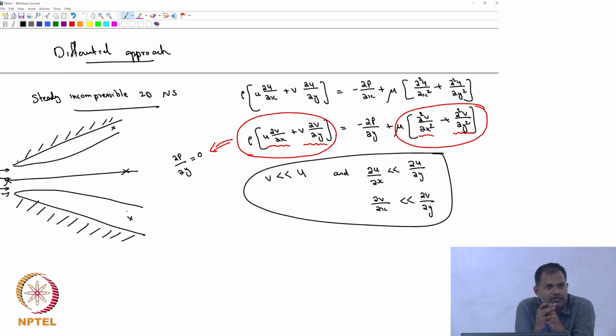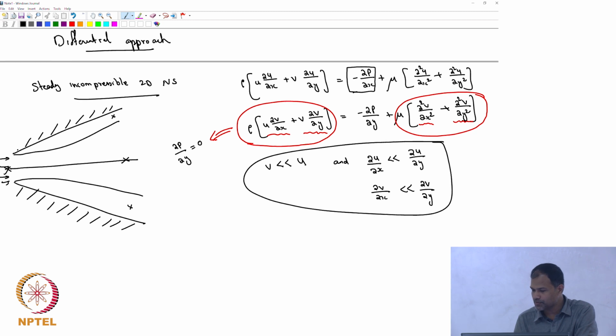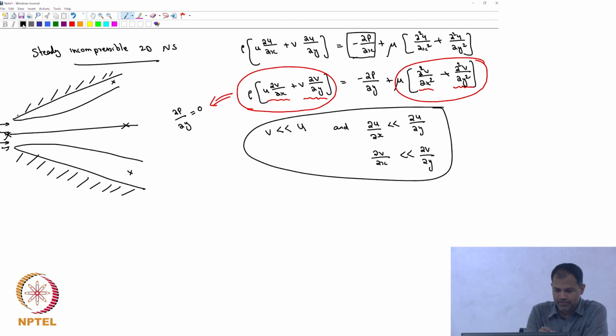Questions? Okay. So that would mean that this quantity dou p by dou x is simply dp by dx. So I'll write down my x momentum equation again.